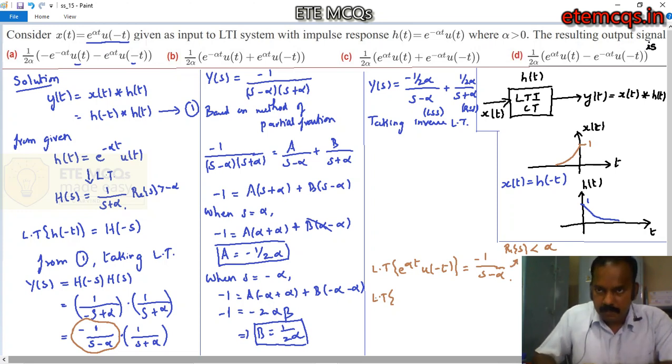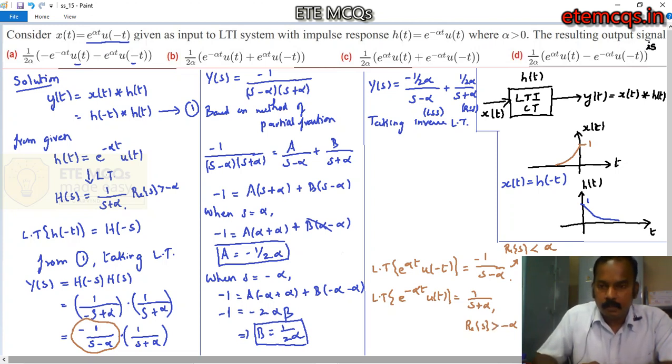Similarly, the Laplace transformation of e power minus alpha t into u of t gets you 1 by s plus alpha, and its ROC is real part of s greater than minus alpha. Since it corresponds to a right-sided sequence, it should be a greater than sign.